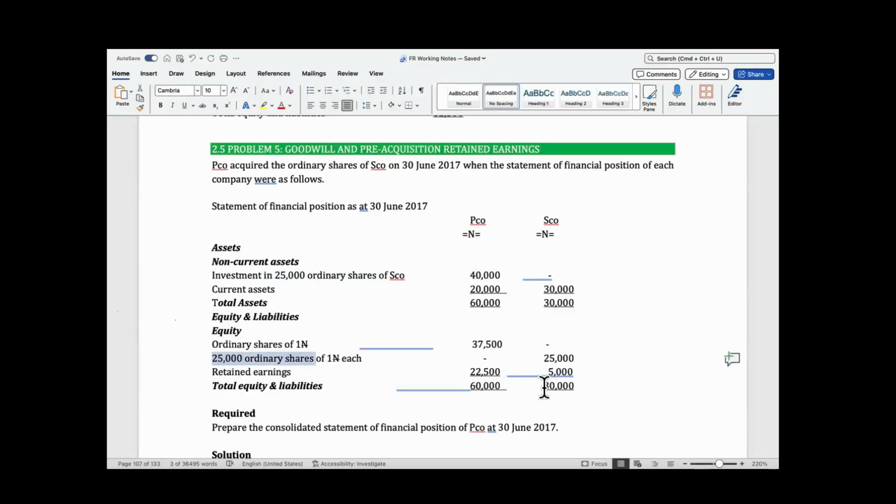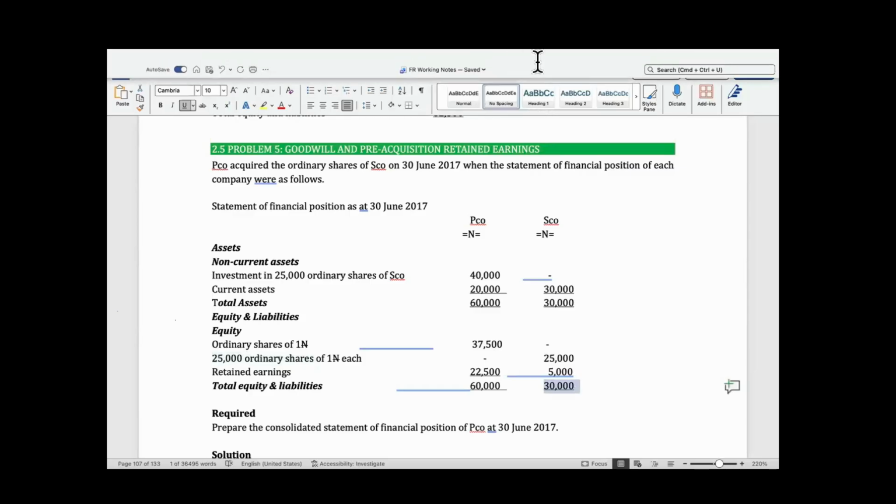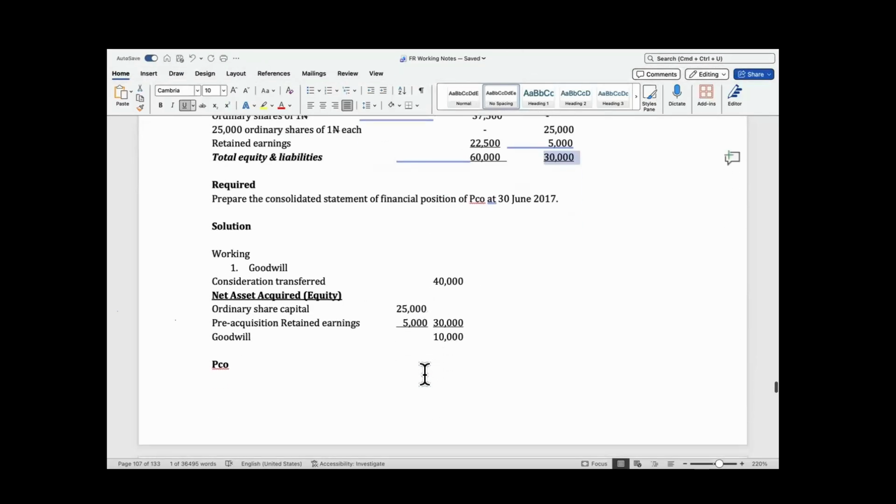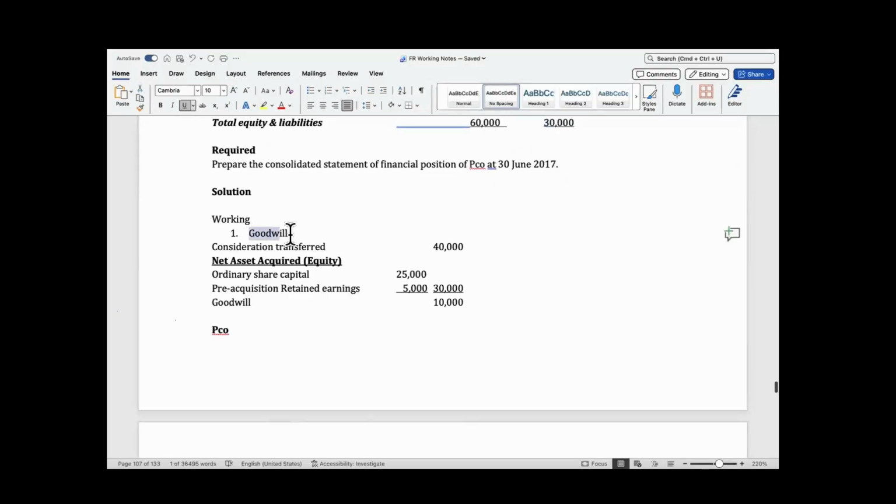But the value of those shares, the equity or the net asset, is 30,000, but we paid 40. We paid above it. And that's goodwill. There's something we can't see, not a tangible asset, but we believe it has a value, and we decided to pay for it. That's why I labeled it goodwill.